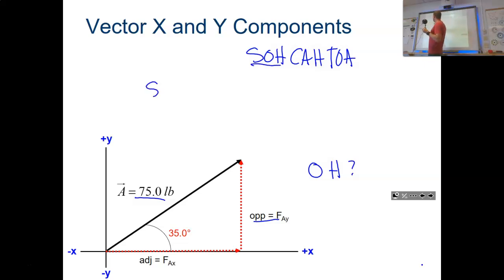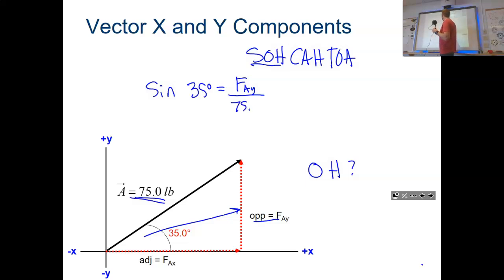So we're going to say the sine of 35 degrees is equal to the opposite, which is unknown, the force of A in the y direction, over the hypotenuse, 75. So we're going to multiply 75 over there. And you're going to just use your calculator to do that.